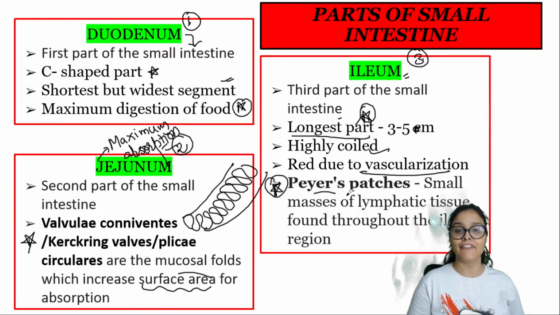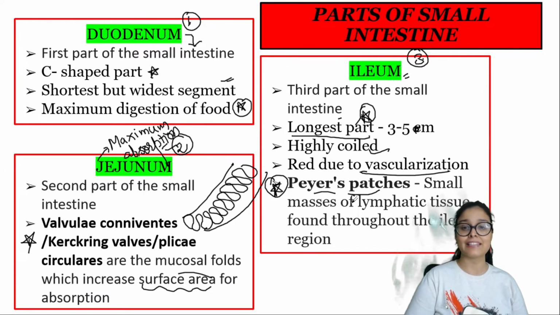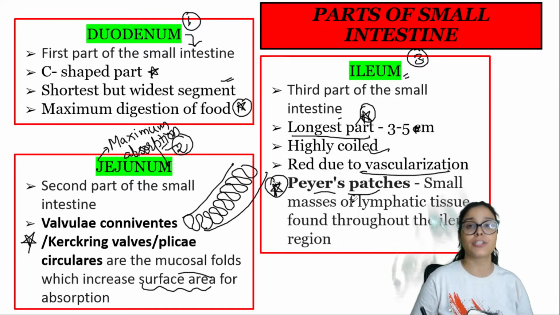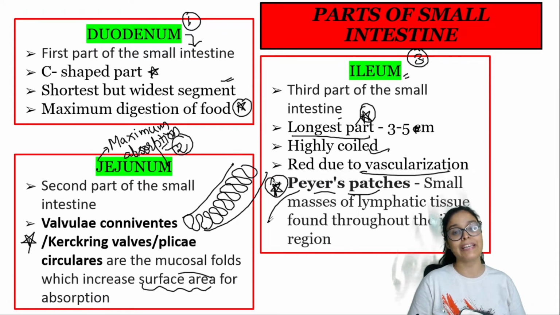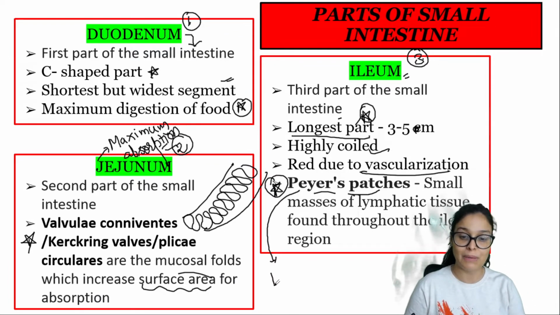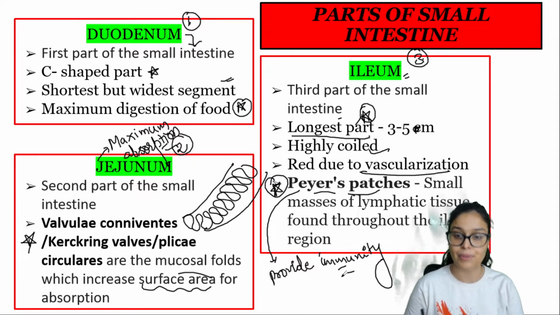That means it has Peyer's patches. What are Peyer's patches? It's a special lymphatic tissue present in the ileum region known as Peyer's patches, which helps in immunity. So it will provide immunity. So bacha, you have to remember that this is the characteristic feature of the ileum. You have to remember it.